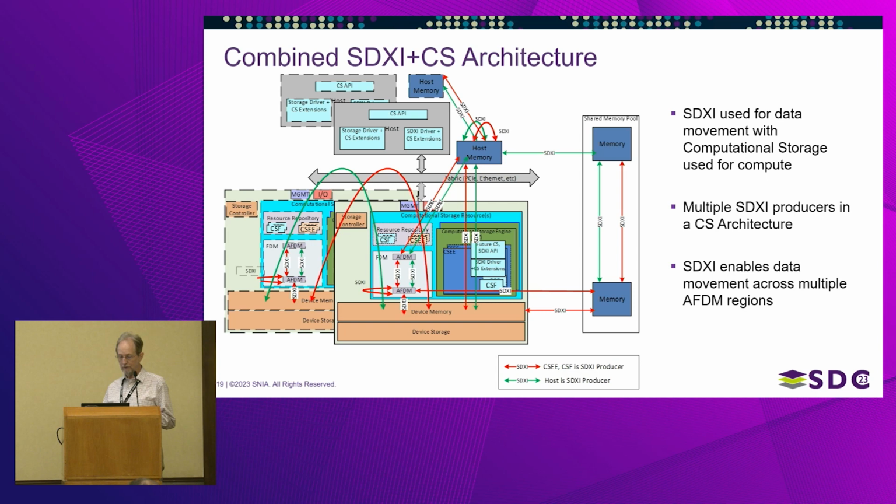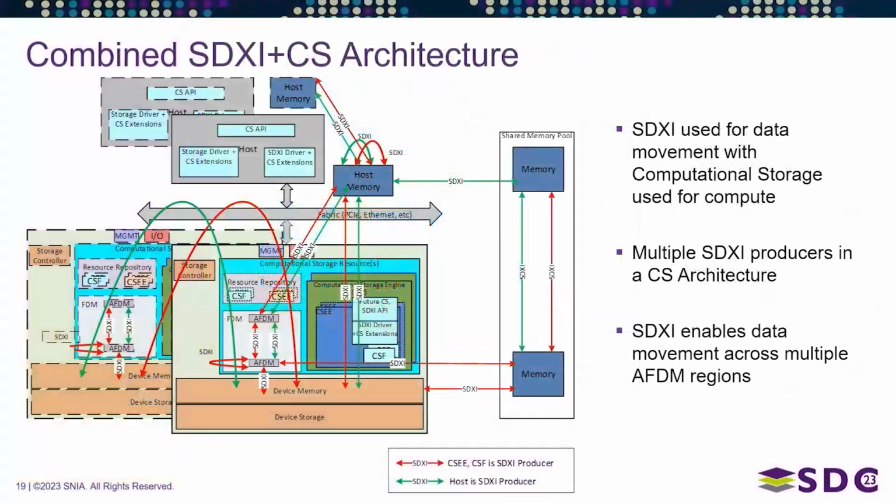So SDXI enables data movement across multiple AFDM regions, and that's whether or not it is AFDM within a given device. On the far left side, you have the little red line circling back within FDM. So that allows movement within a single device, or it allows movement from device to device.